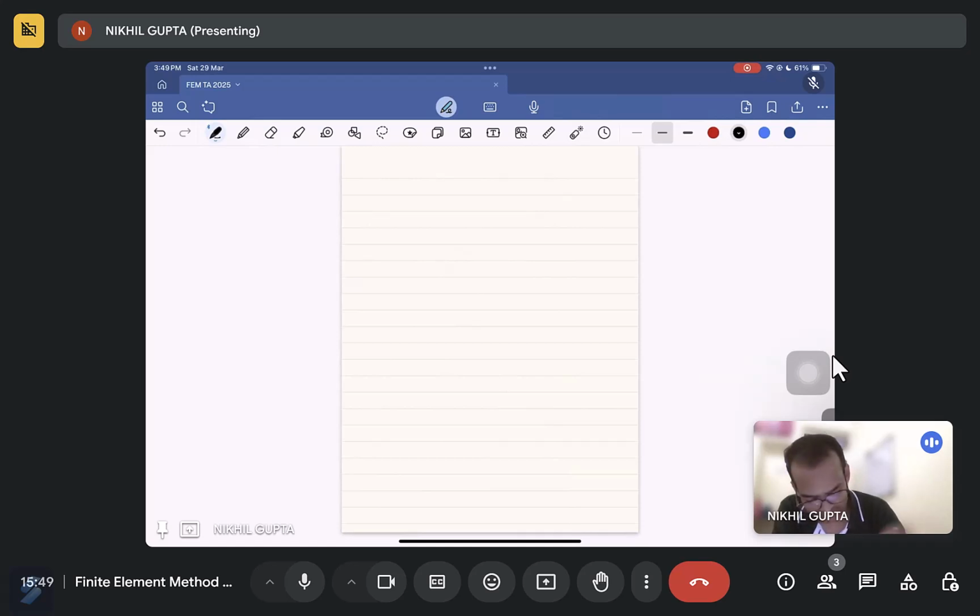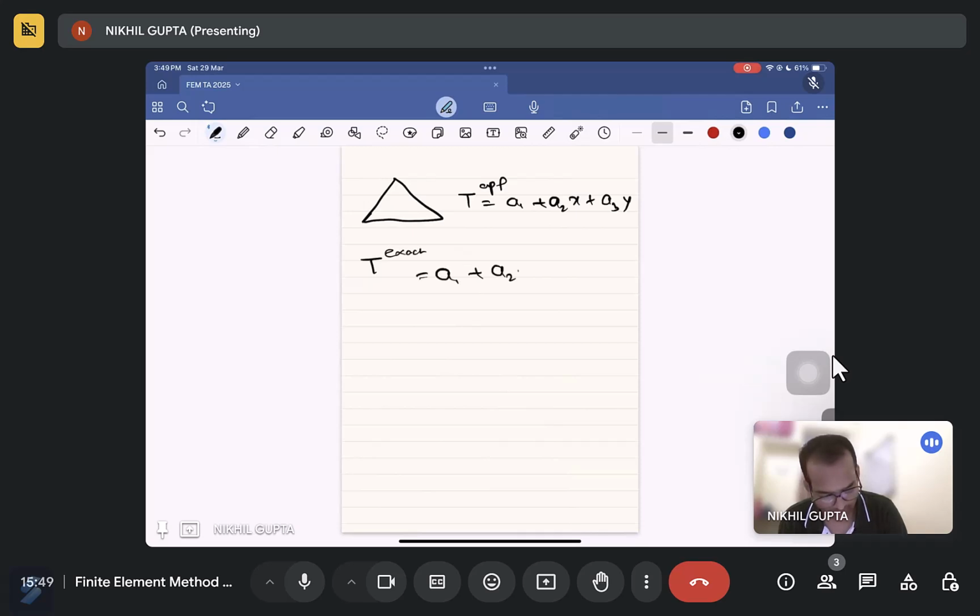So let's start with a triangular element. Then we'll compare it with the 4 noded also. So this is T approximate as A1 plus A2x plus A3y. And if you see the exact, this is approximate. T exact, what will it be? A1 plus A2x plus A3y plus C1 r square. All the terms with the second degree also will be there.